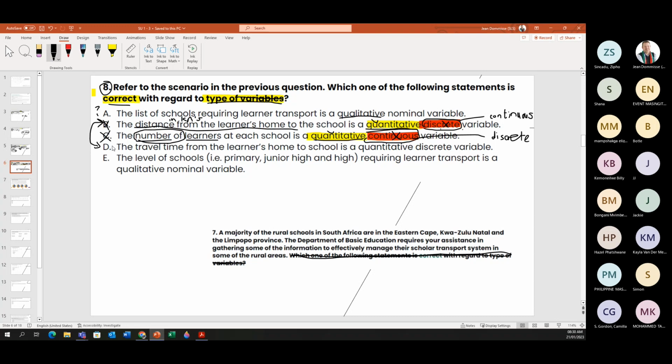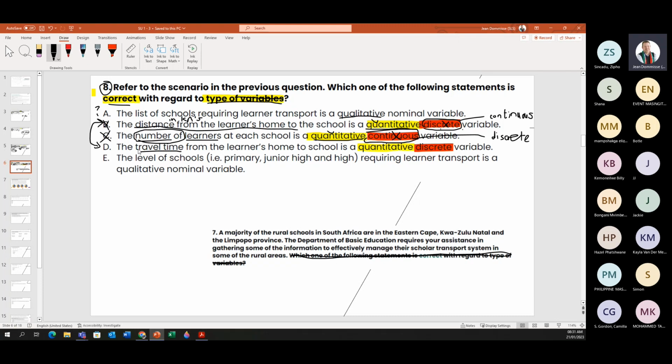Travel time, distance from. So let's do it this way again. So it is quantitative, but it's not discrete. Because again, if it's discrete, you need to know exactly what the time is.